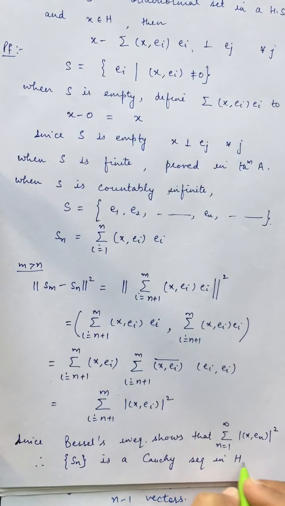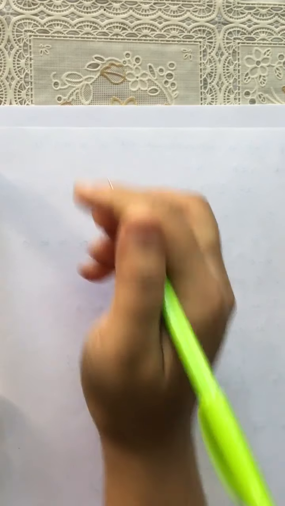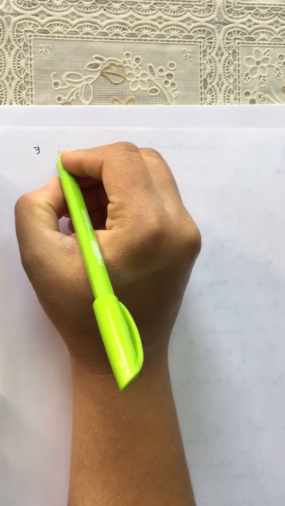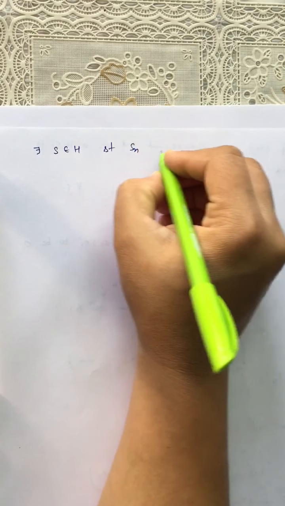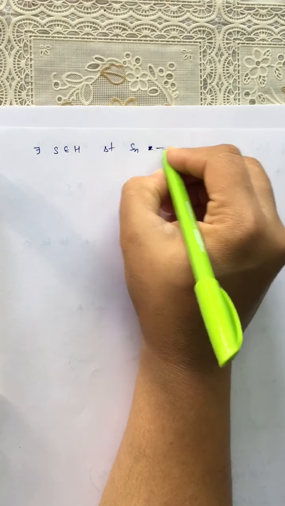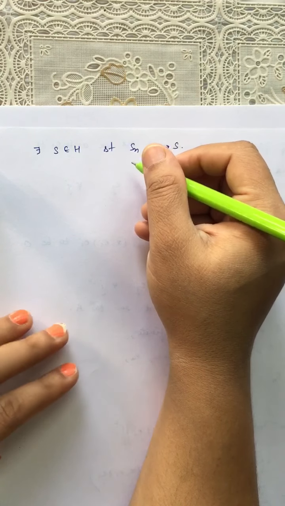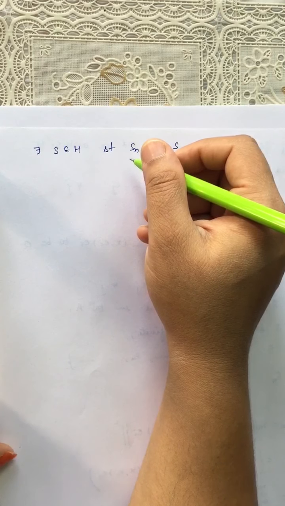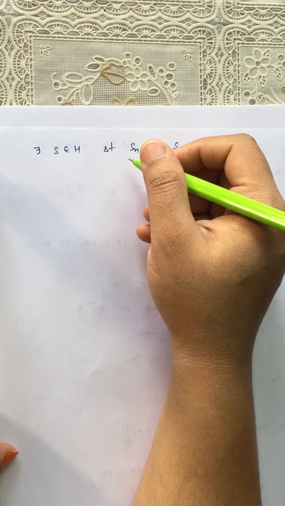Now Hilbert space H is complete, so this series is convergent to some vector. So there exists a vector S in H such that S_n converges to S. By definition, S_n is the sum from 1 to n of the inner product ⟨x, e_i⟩ times e_i.